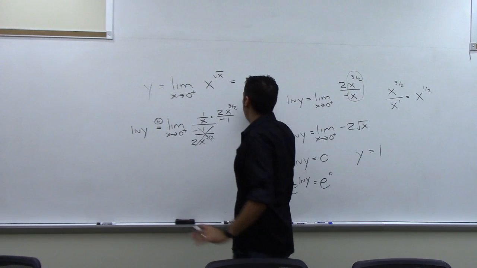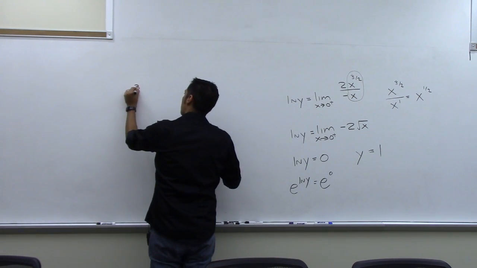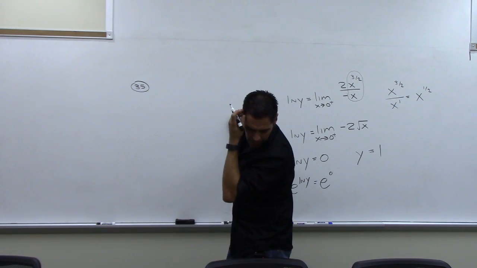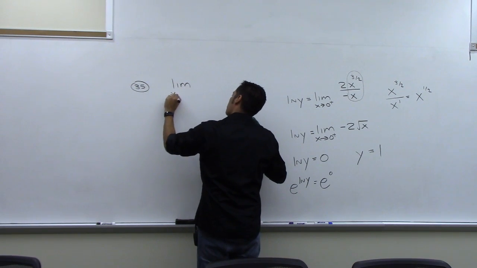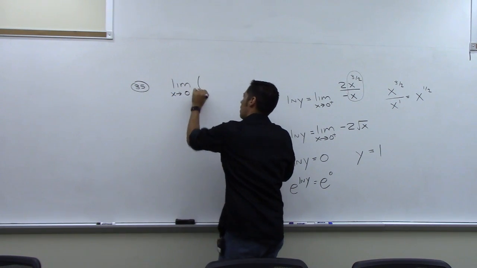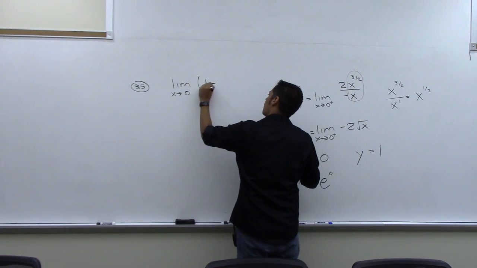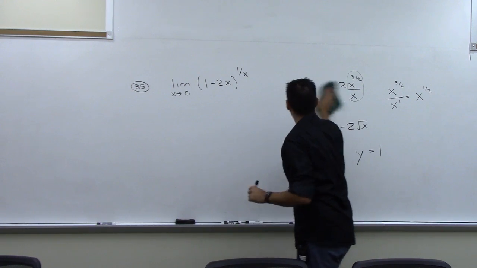All right, 35. Limit as x goes to 0 of (1 minus 2x) raised to the 1 over x.